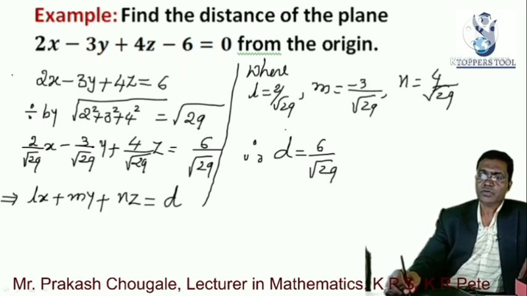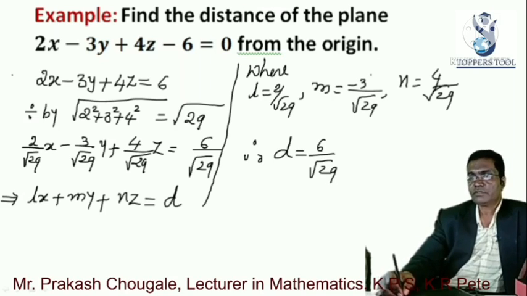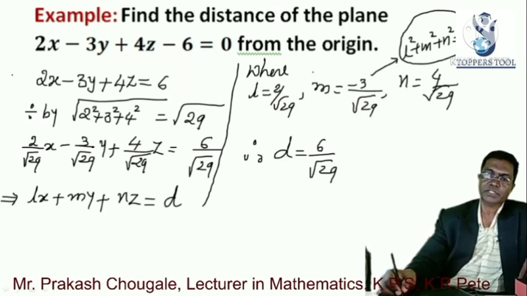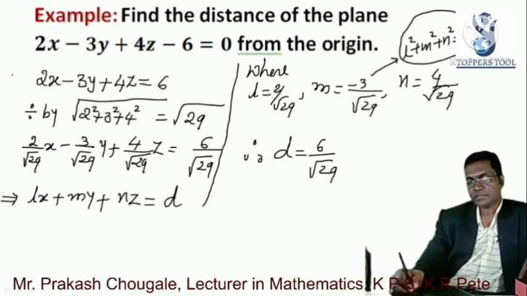One thing to be noted: if you square and add, you can verify your result. If you square and add these, you will get 1, and that is why these are the direction cosines.